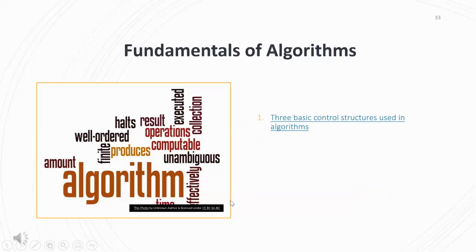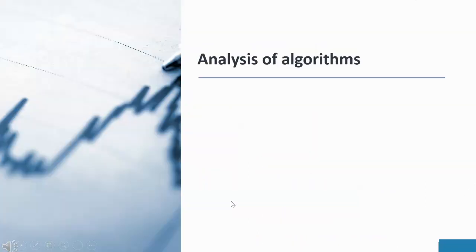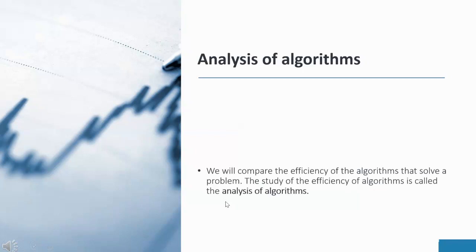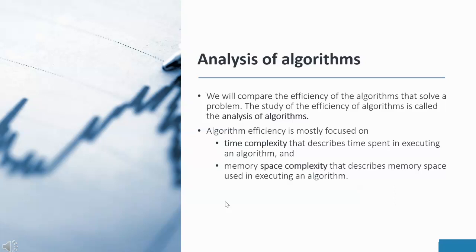Okay, now we are going to discuss a few very basic algorithms. Besides designing an algorithm as a solution to a problem, we need to evaluate the efficiency of the algorithm so that we may compare different algorithms as solutions to a problem. The study of the efficiency of algorithms is called the analysis of algorithms.